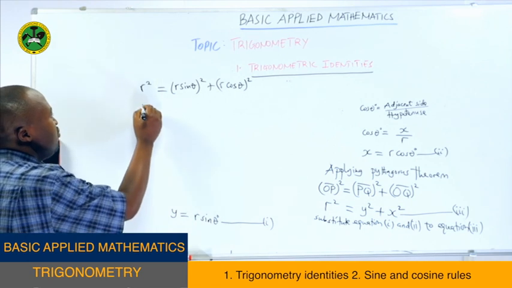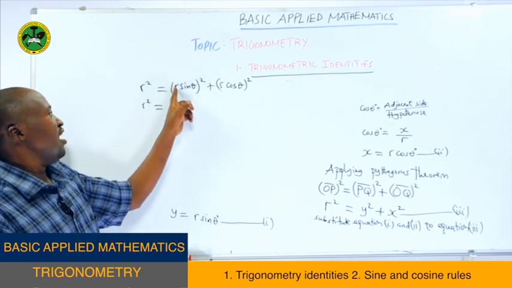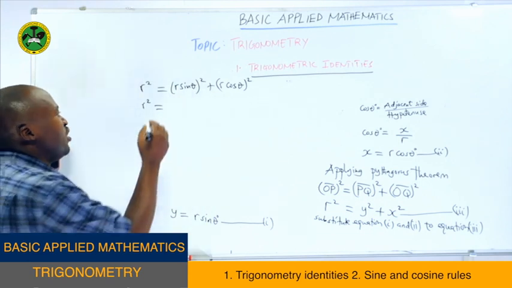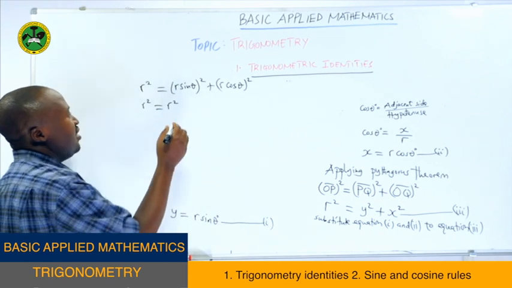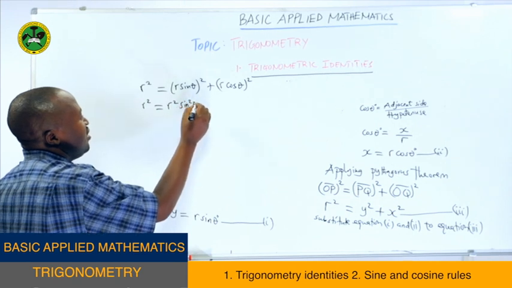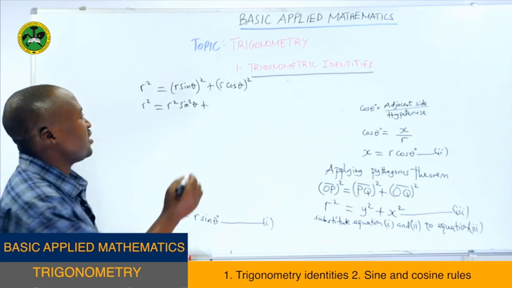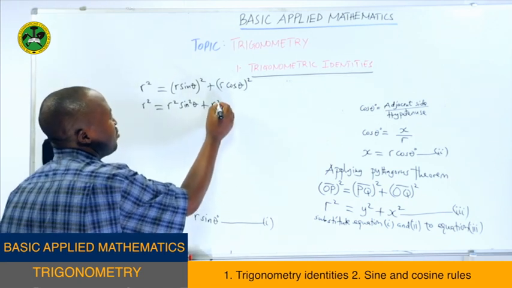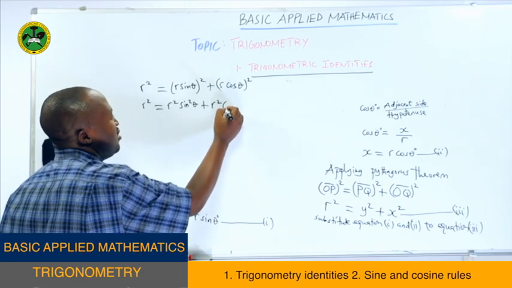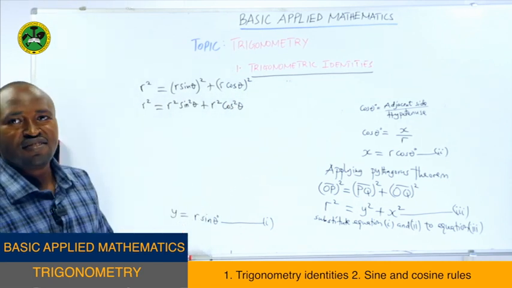Now we have r squared is equal to r squared sine squared theta, plus, again you open up the bracket, r squared cos squared theta.